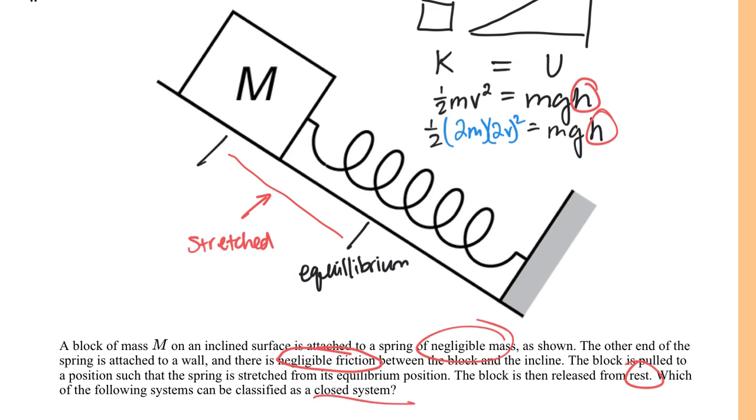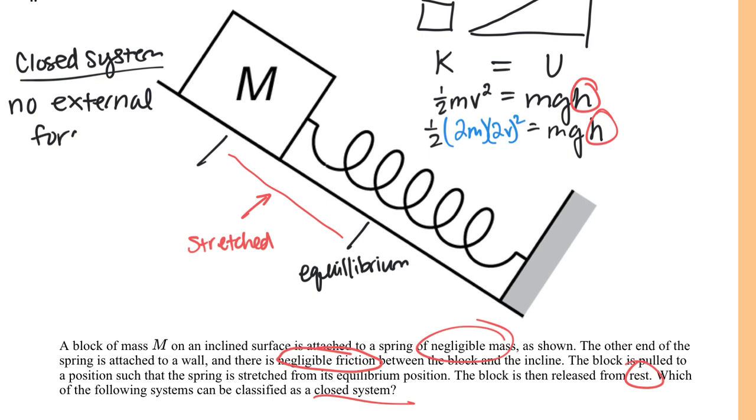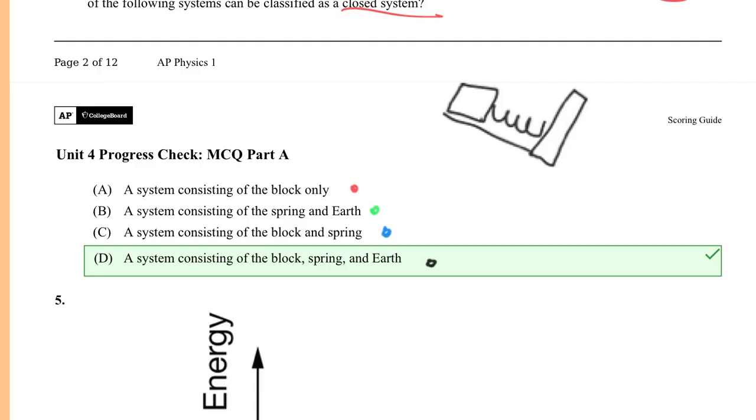Which of the following systems is classified as a closed system? So let's define what a closed system is. A closed system is going to be a system in which there are no external forces. So there are no forces acting on the outside of these. Here is my pseudo block here.